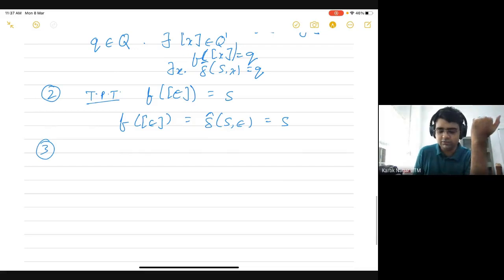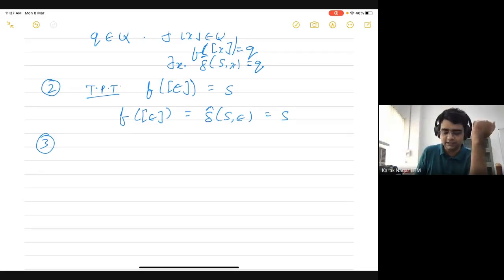The next thing that we have to show is that this f also relates the transitions. Which means that if you take a transition in the constructed DFA, it should be related through f to a transition in the original DFA. So let me write down what we need to prove.